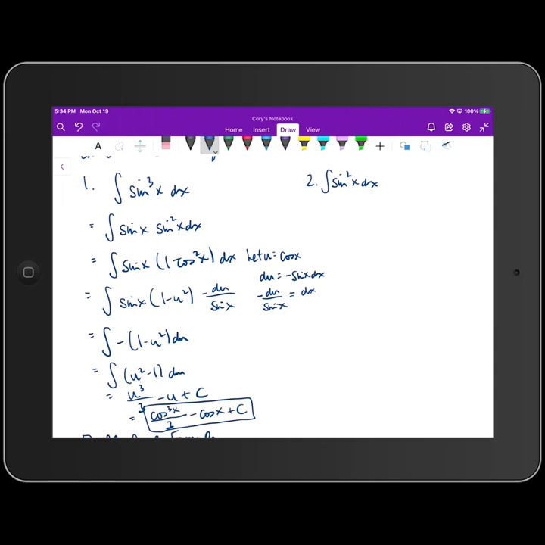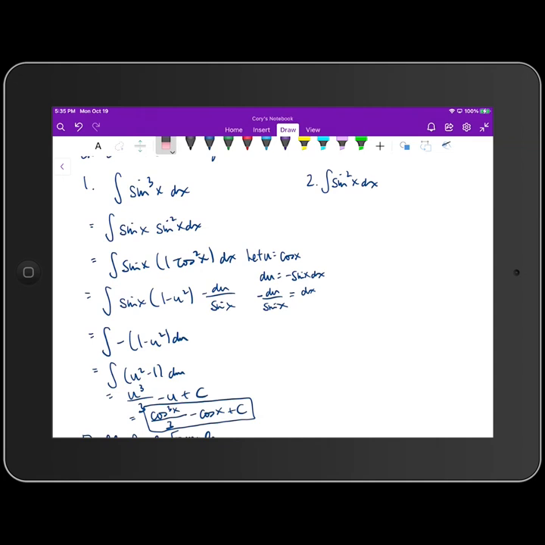And if we try using the same technique that we used with example 1, if we rewrite sine squared as 1 minus cosine squared, I can't do u substitution here because if I let u equal cosine, there is no factor of sine that I can cancel whenever I differentiate that equation. Okay, so we're stuck right now. We have no technique that we are aware of that allows us to integrate this function.